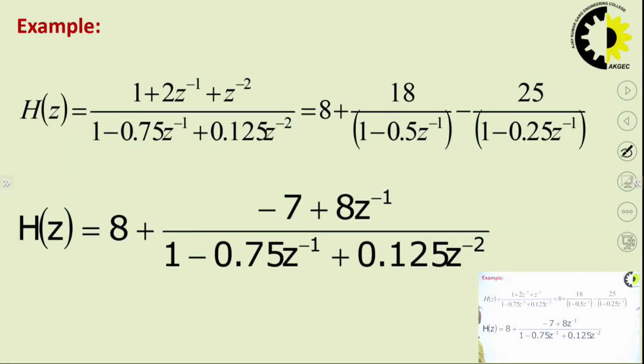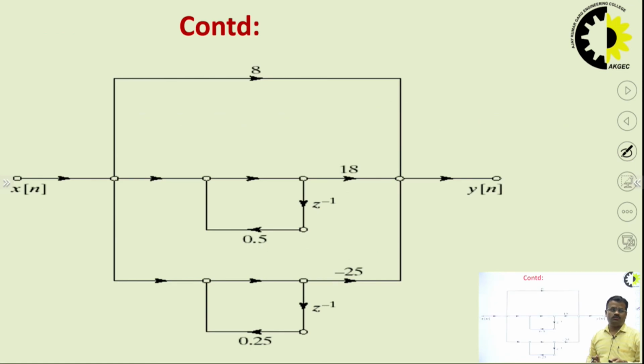So, in this question H of Z is given to you, you have to do the partial fraction for this system, okay. You can prepare this using long division, and some rules and regulations are there. So, H of Z you have to make into H1Z plus H2Z plus H3Z and so on. And in this way, you can realize your structure.